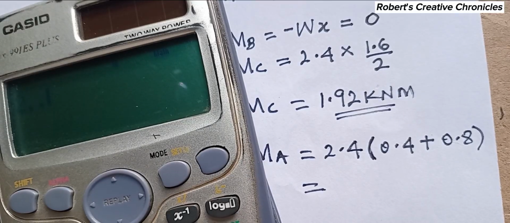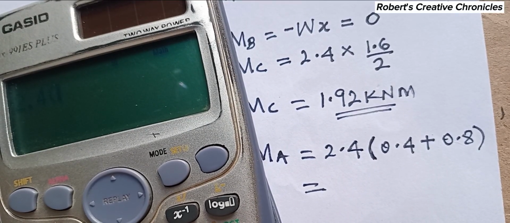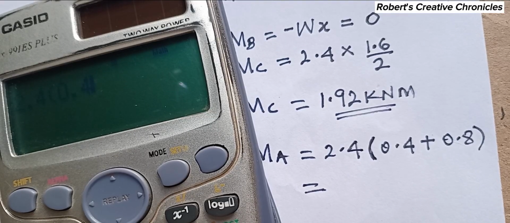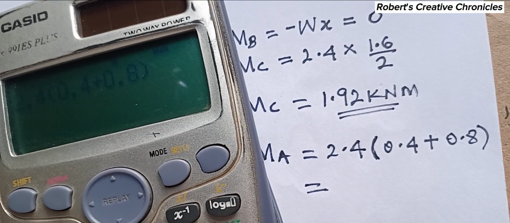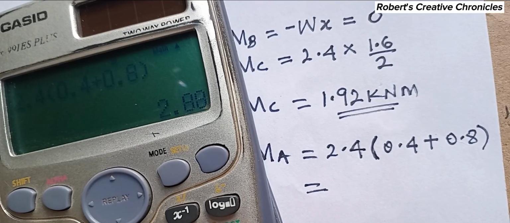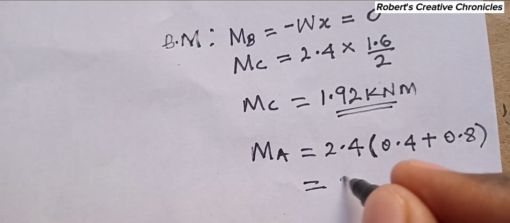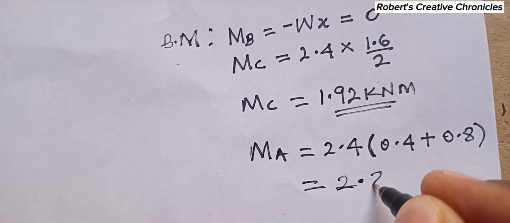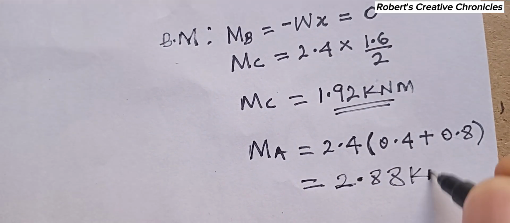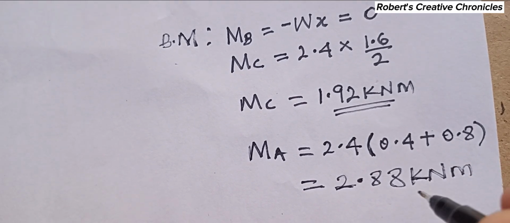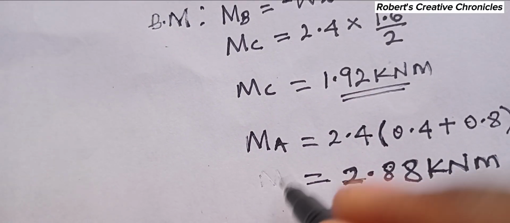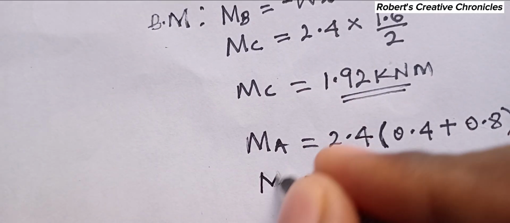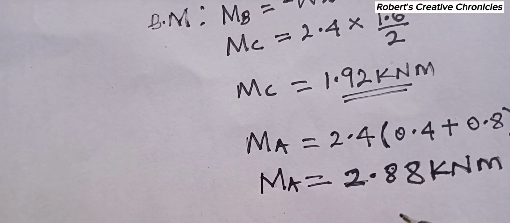You put this in a calculator and it is 2.88 kilonewton meter. So the bending moment at A is 2.88 kilonewton meter.